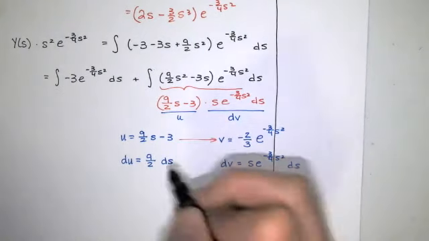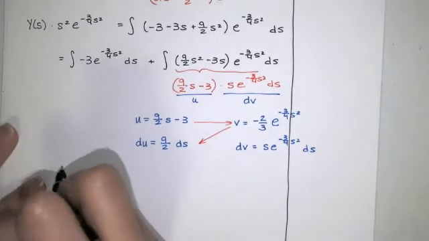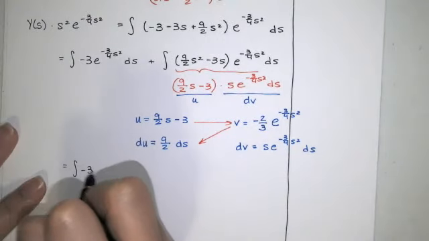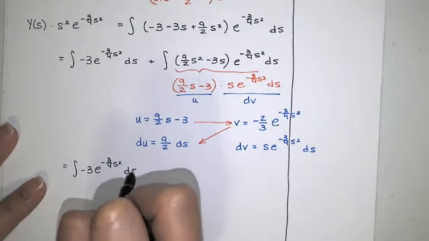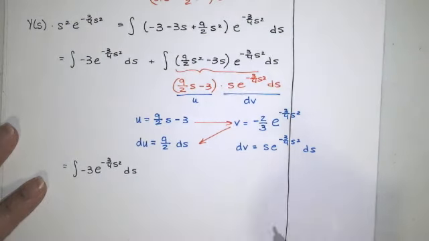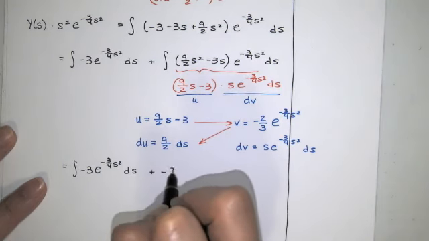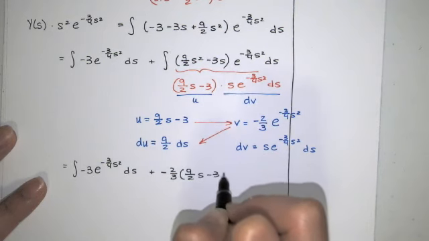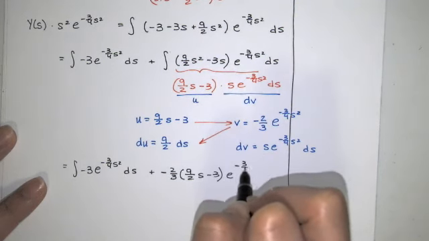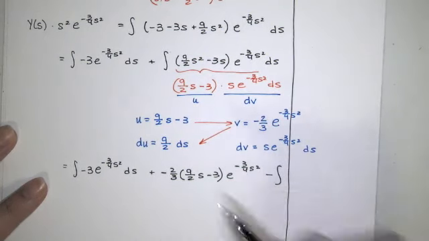We'll use integration by parts, multiply across that diagonal, multiply across that diagonal, and subtract. So we get u times v, which is this, -2/3 times 9/2s minus 3, minus the integral of v times du.